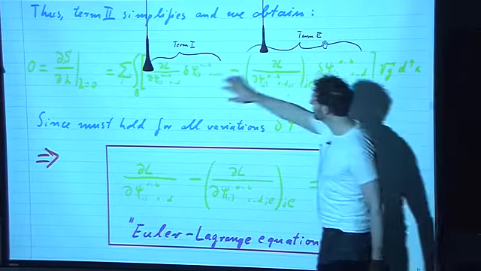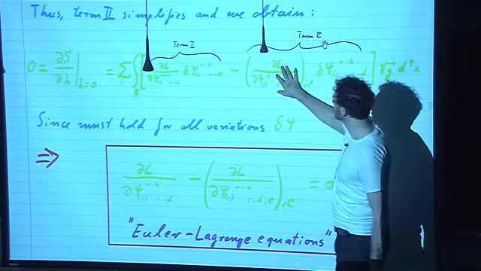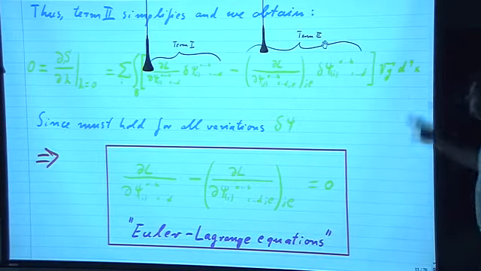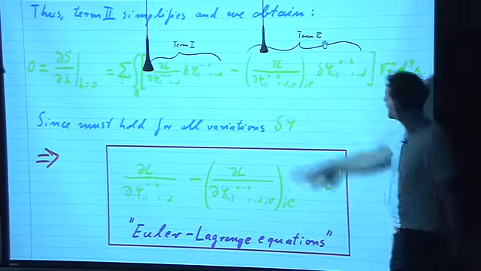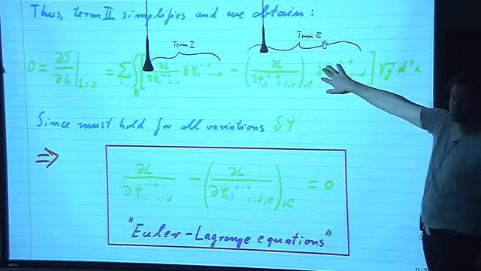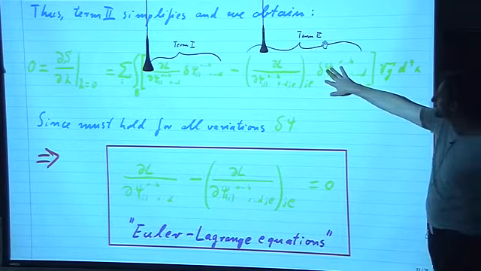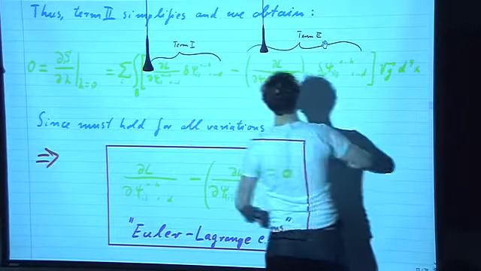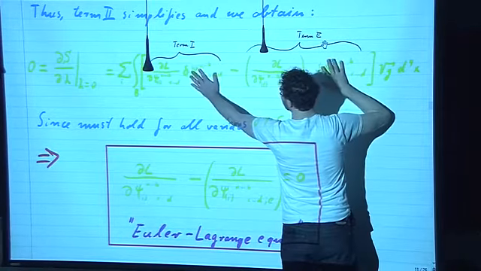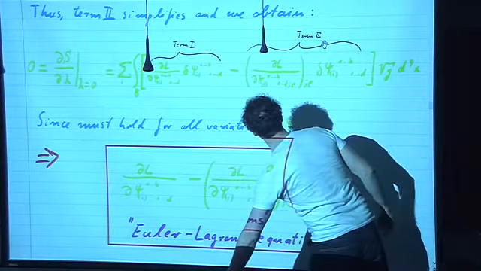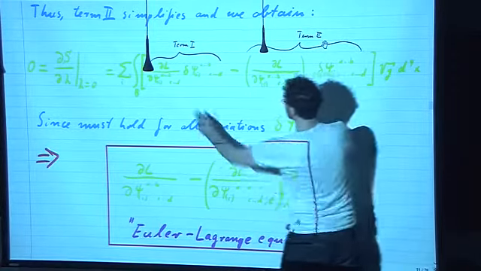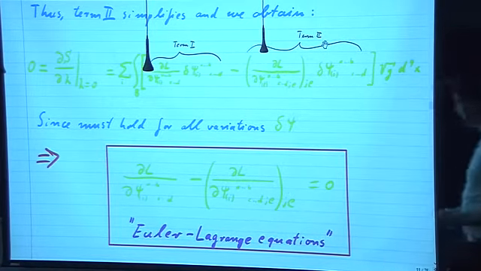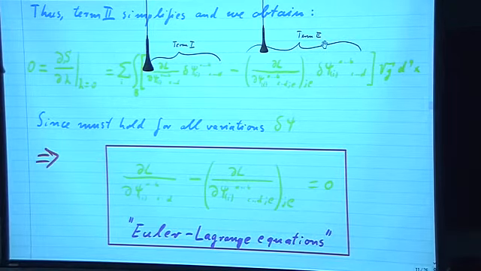Now we can collect this and that term, because both are multiplying the same thing. And the equation that this is all vanishing has to hold for all variations of psi, which is to say that in the function space, the sum of this and that term is orthogonal to all vectors delta psi, and therefore the sum of the two has to vanish. And this is the Euler-Lagrange equations of the matter fields.